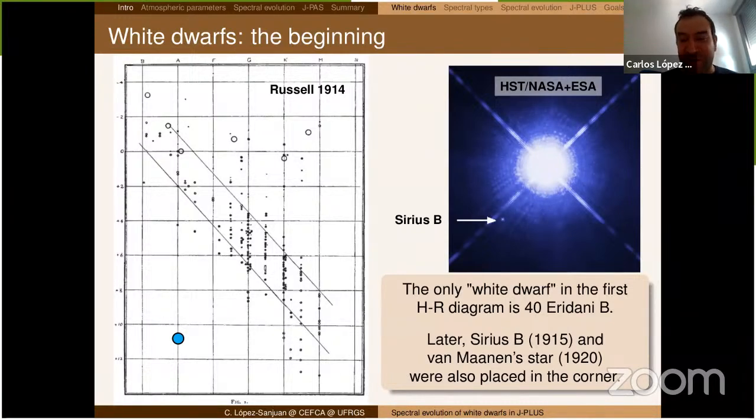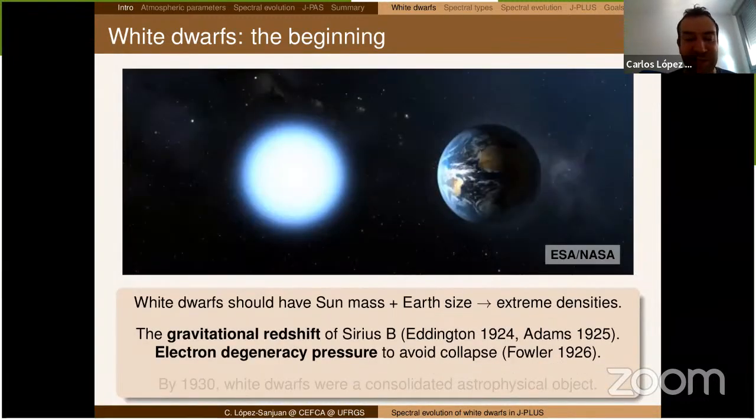Even at this moment, at the beginning of the 20s of the past century, there was a discussion about whether these objects could be real or not, because thanks to the location of Sirius B in a binary system, we measure the mass, that is basically one solar mass, and from the luminosity and the temperature, we can derive the radius. And the conclusion is that we have a solar mass object with the size of the Earth.